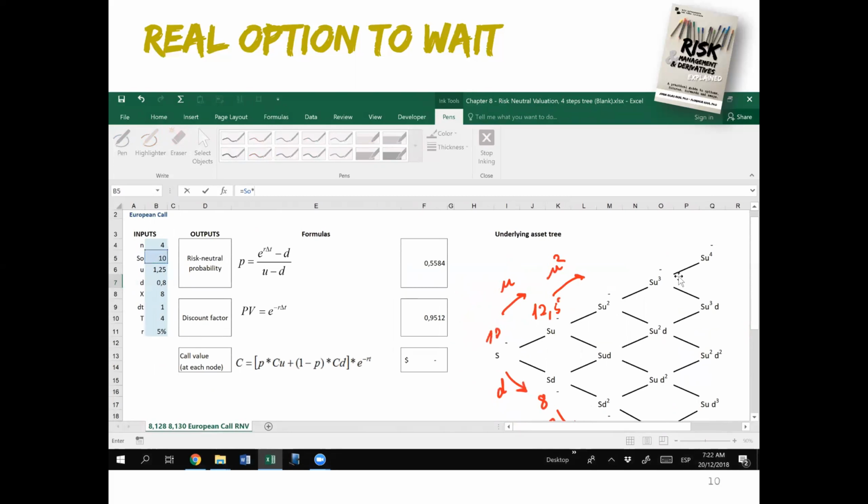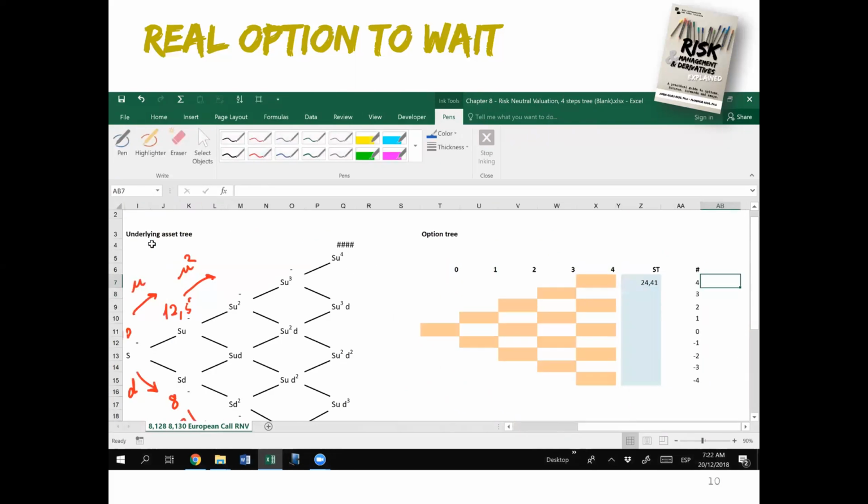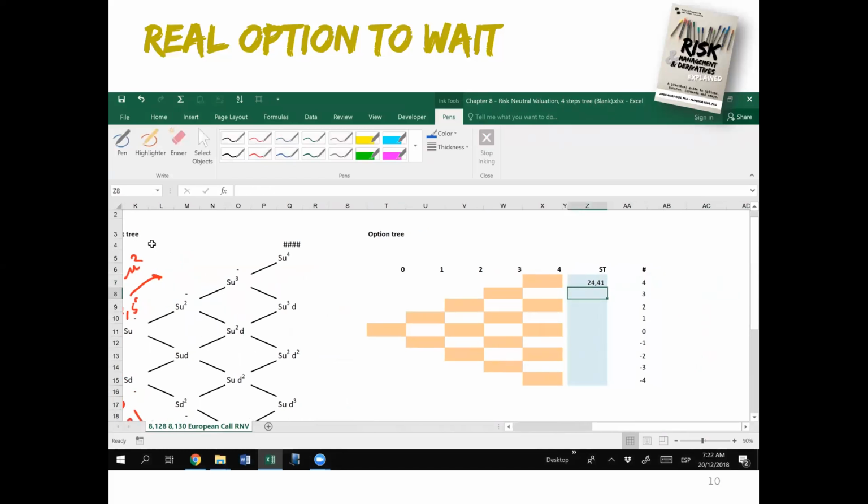So S today, the underlying asset today, multiplied by the upside movement, elevated to the power of 4, which is the number of steps. Okay, so from 10, which is today the underlying asset, it could go up to 24.41. That's the maximum. Then we can go down simply by multiplying by D, because this is a symmetrical tree.